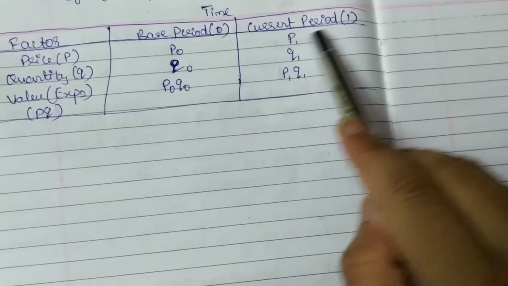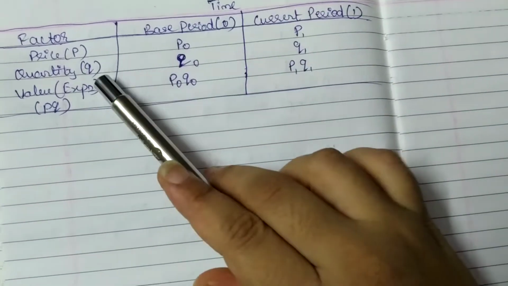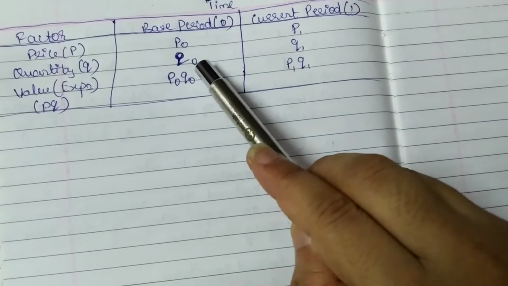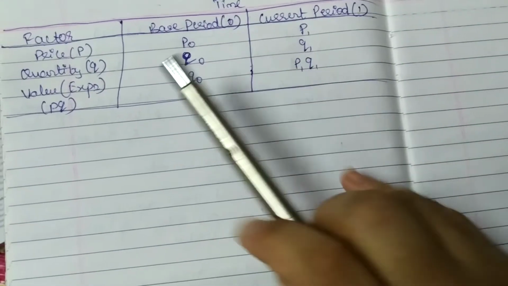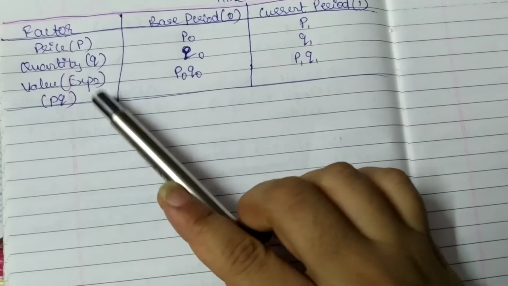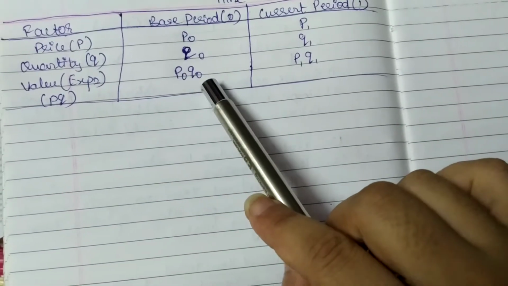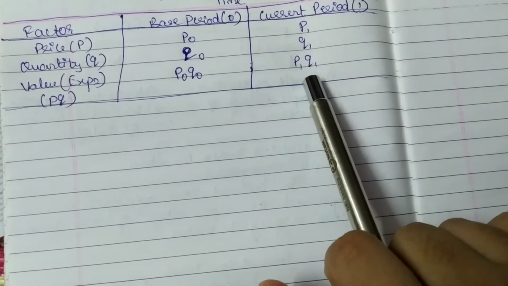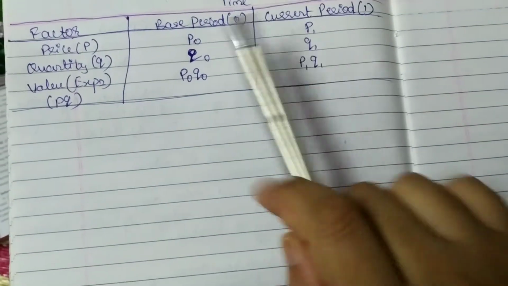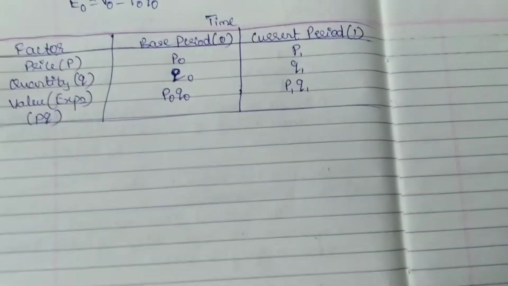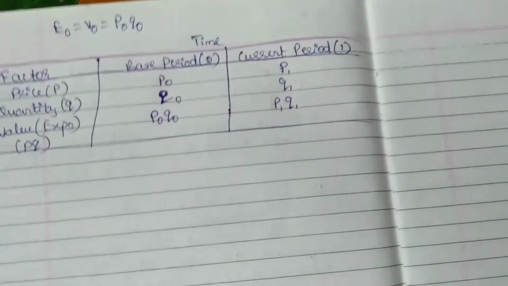Quantity Q is Q naught for the base period, and Q1 for the current period. Value or expenditure will be P naught into Q naught for the base period, and P1 into Q1 for the current period. Clear? Remember these indications, which will be used for the calculation of index numbers.